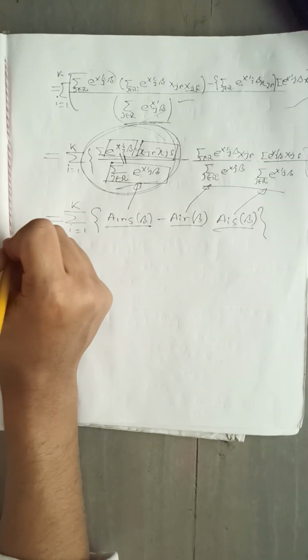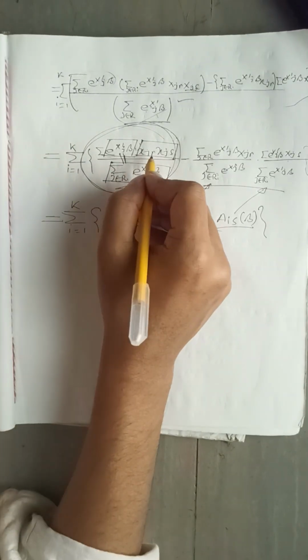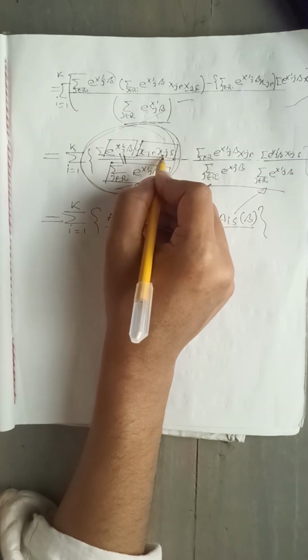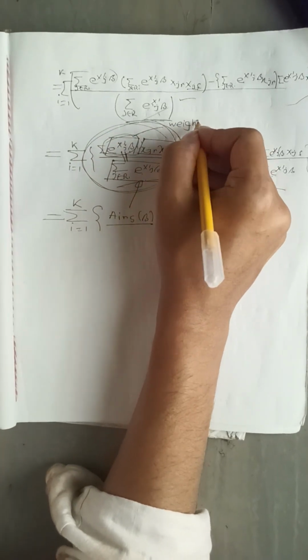These two things are equal, because these two things are nothing but the cross product over the risk set Ri, and this is the weight.